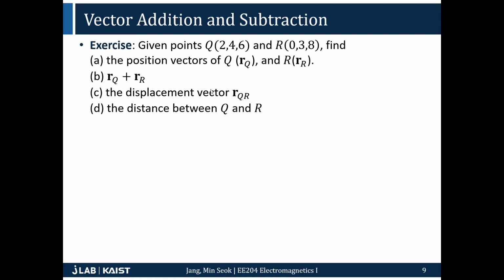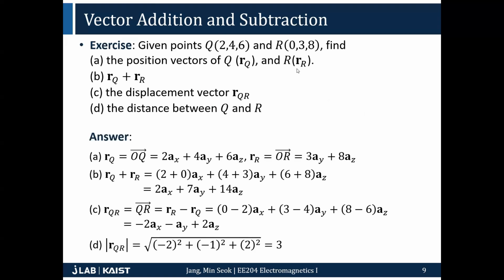And then we have four exercise problems, which I think are a bit too easy, so I'll just give you the answer. I don't want to spend too much time on it. The position vectors RQ and RR are given like this: 2AX, 4AY, 6AZ, and then 3AY, 8AZ. One distinction between these two is that the large Q here is about the point in space.